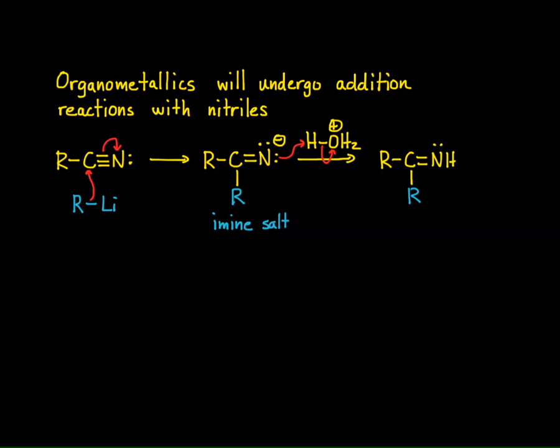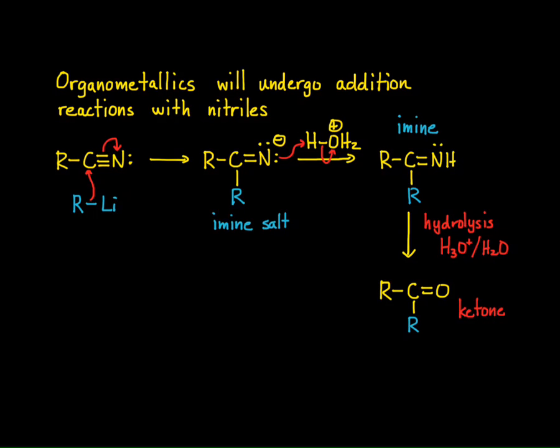And if you place an imine, just like you place an acetal, in water under acidic conditions, it reverts back to the ketone. So our imine here is now going to undergo hydrolysis in these aqueous acidic conditions and produce our ketone. So nitriles produce ketones when they react with organometallics. And a fundamental understanding of the mechanism shows us how that process happens.